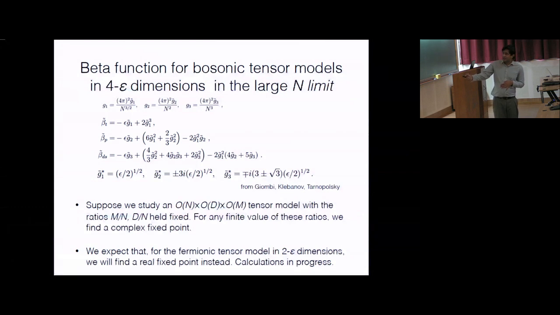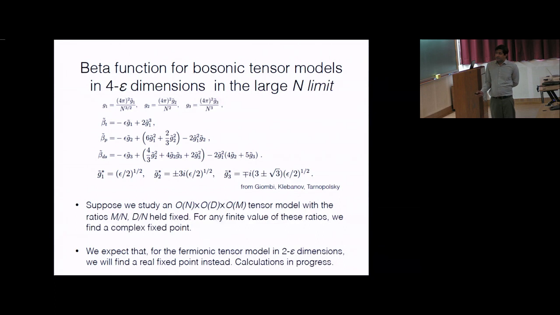So the idea, in short, is that requiring the tetrahedral interaction to be non-zero at the fixed point means that there's no real fixed point for the pillow and vector interactions. So this is the sense in which there isn't a tetrahedral fixed point, at least in 4 minus epsilon dimensions.